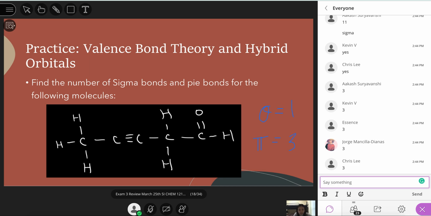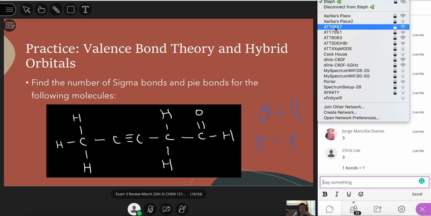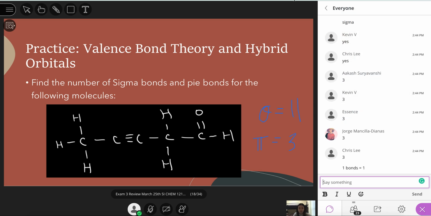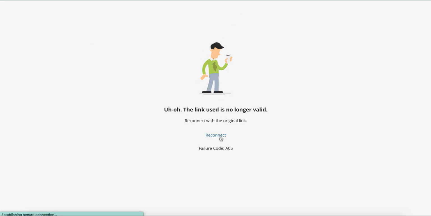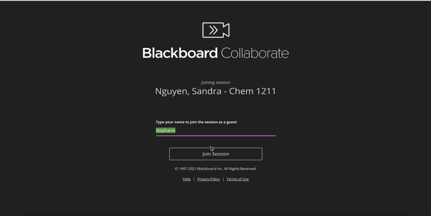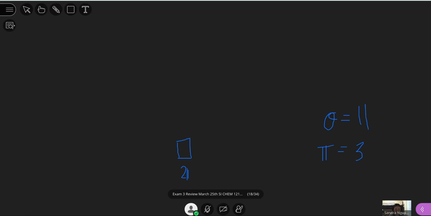Can anyone tell me how they got that? How'd you get 11 and then how'd you get 3? For pi bonds, how'd you get 3? Because there are so many lines here. Okay, 1 bond equals 1. Yep. So what about pi?